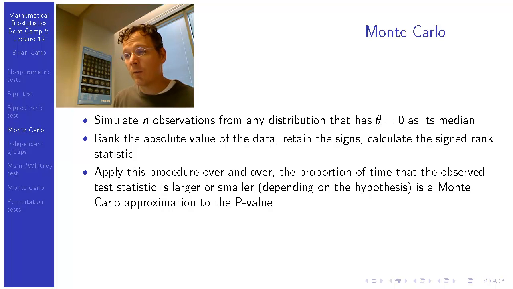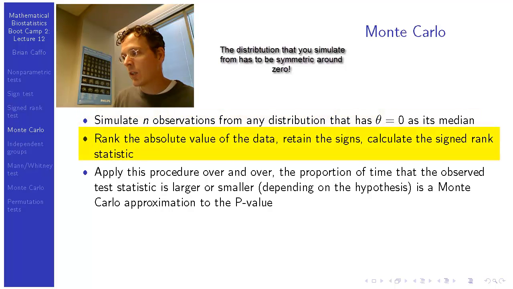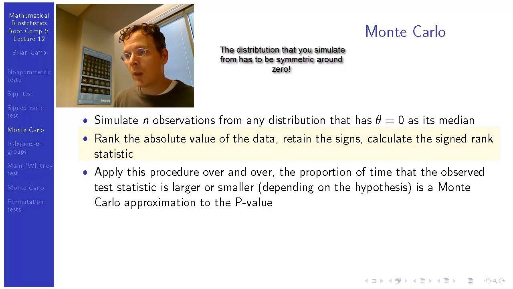If this procedure is invariant to the distribution being used, you have to simulate. So what you could do is simulate n observations from any distribution that has theta, its median, equal to 0, and then rank the absolute values of the data, retain the signs, calculate the signed rank statistic, and apply this procedure over and over again, and you'll have just used Monte Carlo to get the exact distribution, especially because we're assuming this distribution is invariant.